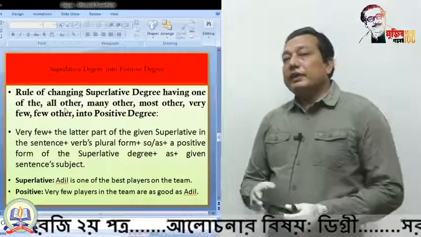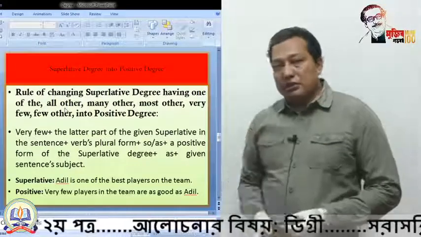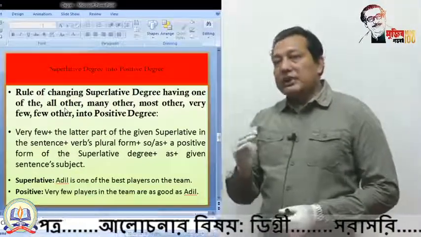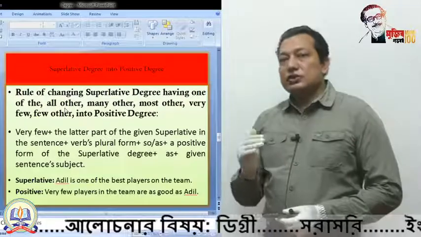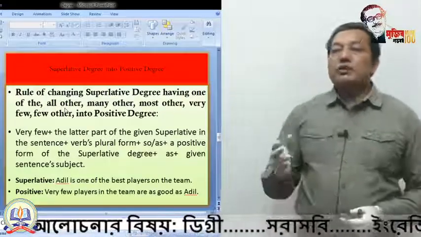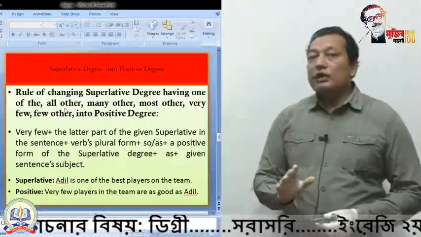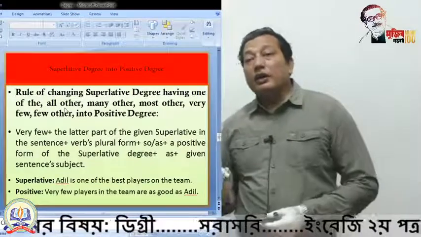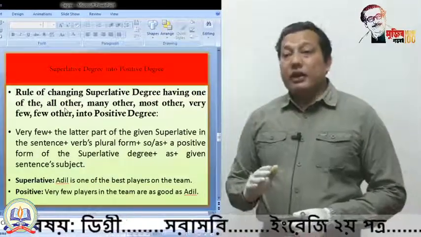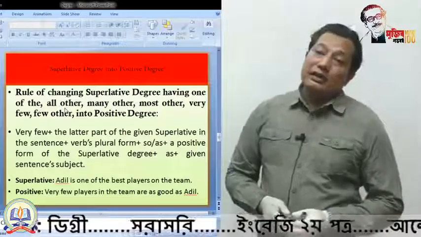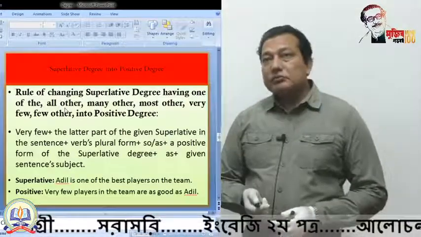Here you are finding "one of the" in the superlative form. Then if you transform this sentence into positive form, of course you have to use "very few," not "no other." Why? Because you have found here "one of the," so very few players in the team are as good as Adil, and of course you have to use the plural form of the verb.